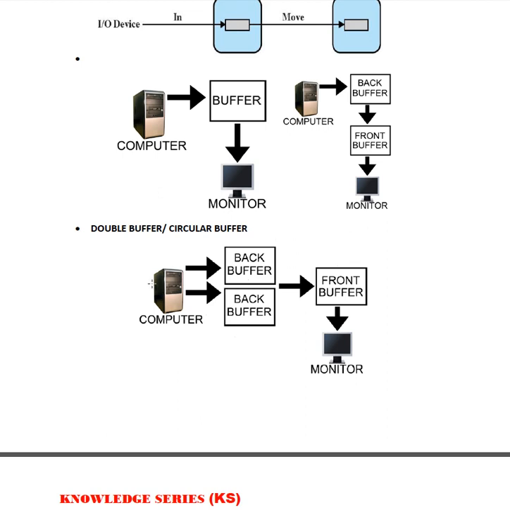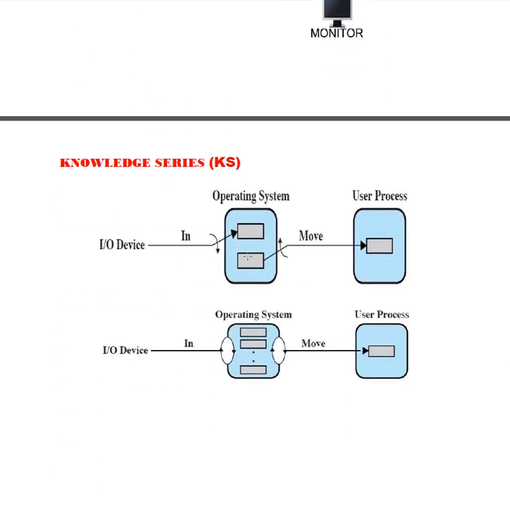Double buffer means the system puts a parallel buffer, so that if one data flow is there, you can make the other data also flow in parallel based on the need. The monitor makes the decision of which data flow to accept. The front buffer decides among these two and organizes the data from the front buffer towards the monitor.